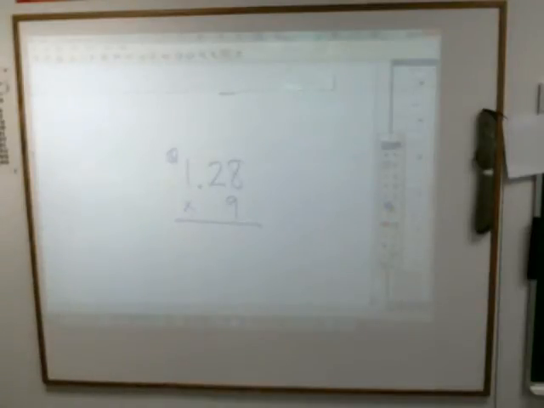By the way, it's always good to come close to what that answer should be. How much money should you have? I would say a little over $10, maybe $11. 9 quarters is $2 extra, so 11 something. $1.28 times 9.